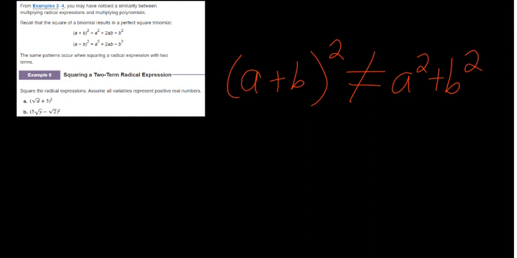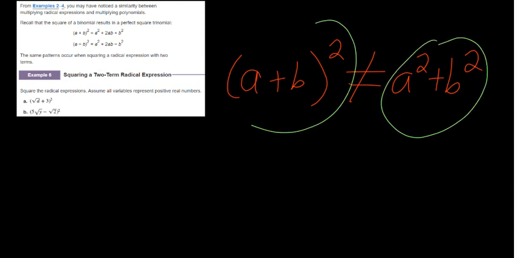Now, I know it's very, very tempting, if we see an a plus b, to square both of them. It's very tempting to write that, okay? But this symbol right here means does not equal. I say that because many students want to do this when they see this. Don't do that.